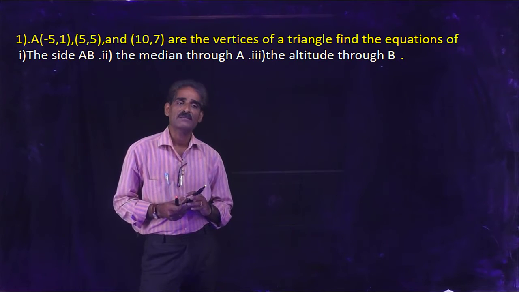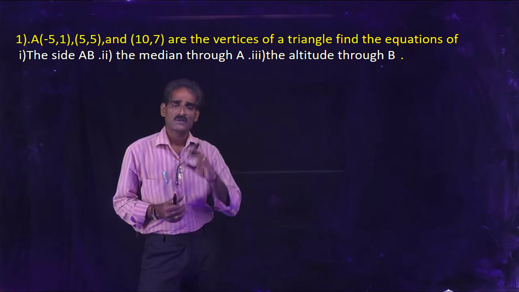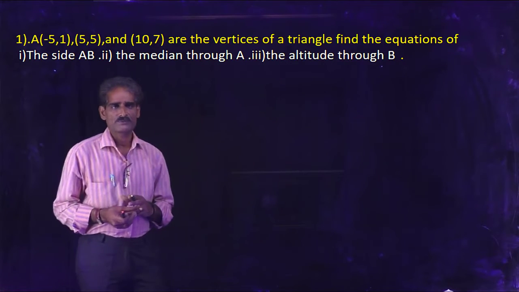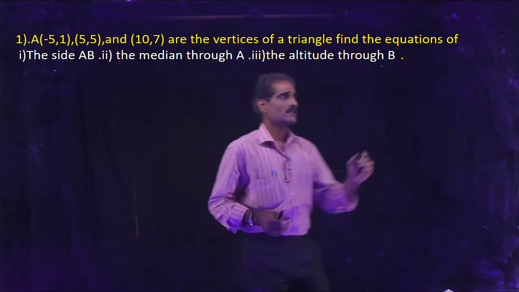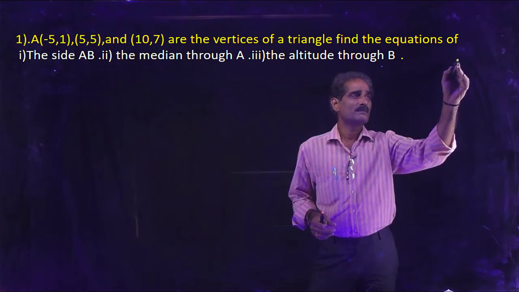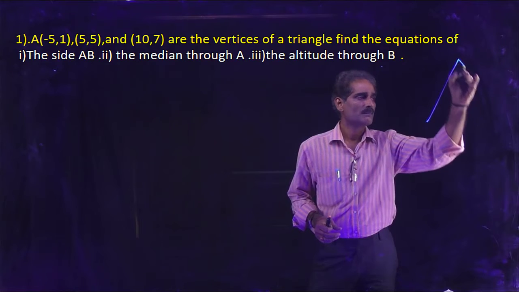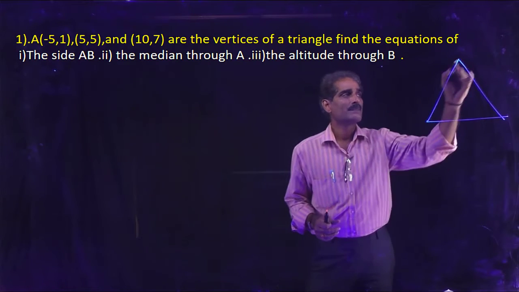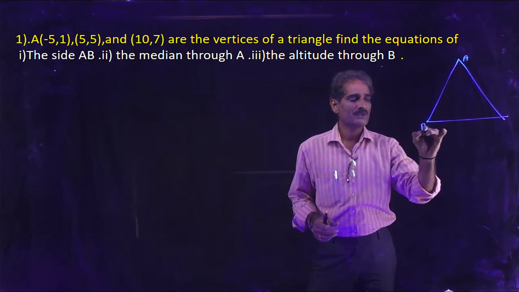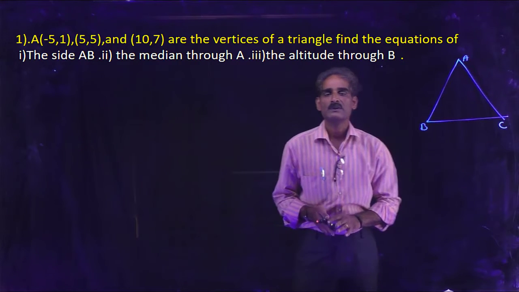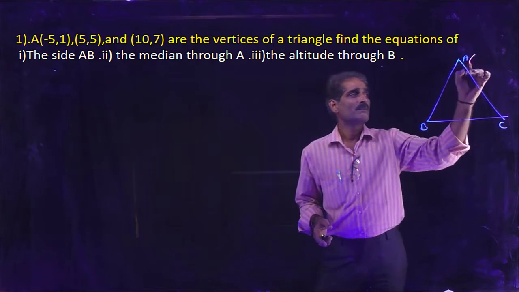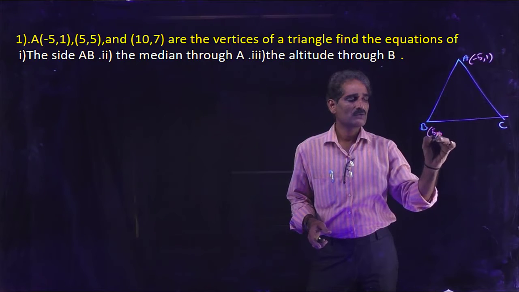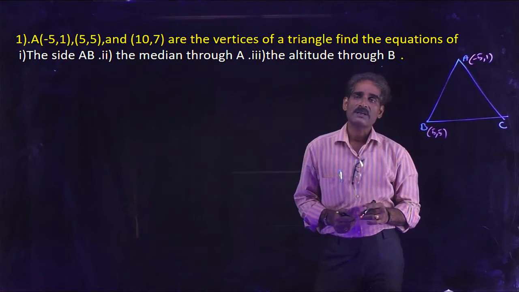Find the equation of the side AB, the median through A, and the altitude through B. So for that, consider a triangle ABC, with A (-5, 1), B (5, 5) and C (10, 7).